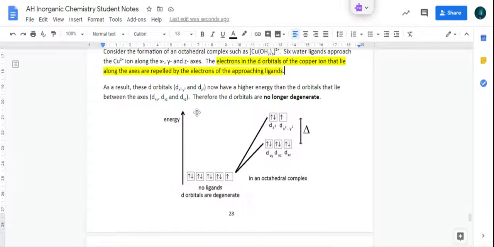So what happens is the repulsion causes the d orbitals to change energy, the ones that are split. The ones that lie along the axes have a higher energy when they're in a complex than the ones that lie between the axes. So when you're in a complex, the d orbitals are no longer degenerate.